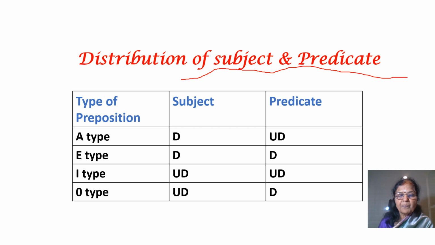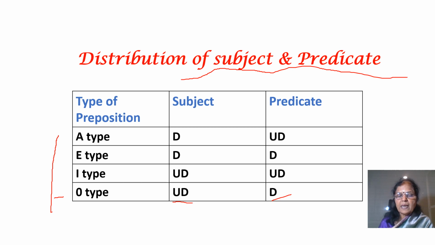You know all the four types, A, E, I, O, and the easy way to remember this: D means distributed. For the A type, the subject is distributed and the predicate is undistributed. The exact opposite is in the O type, where the subject is undistributed and the predicate is distributed.